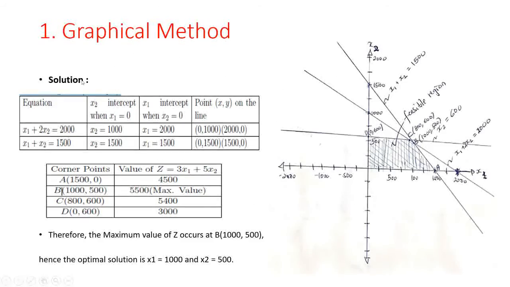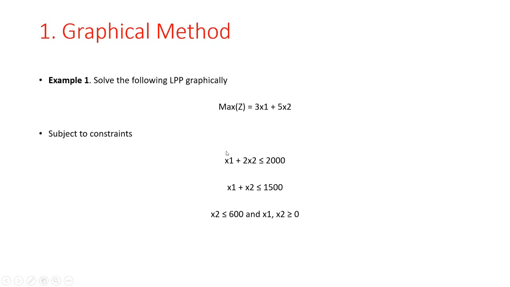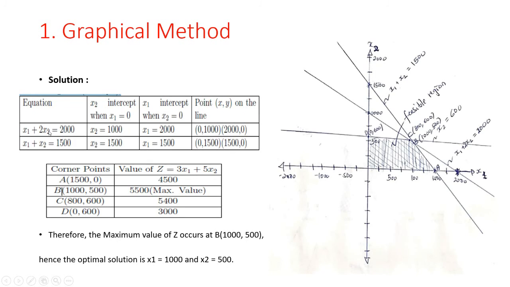See in this slide the solution. What are our equations? x1 plus 2x2 is equal to 2000, so this is our first equation, and the second equation is x1 plus x2 is equal to 1500.